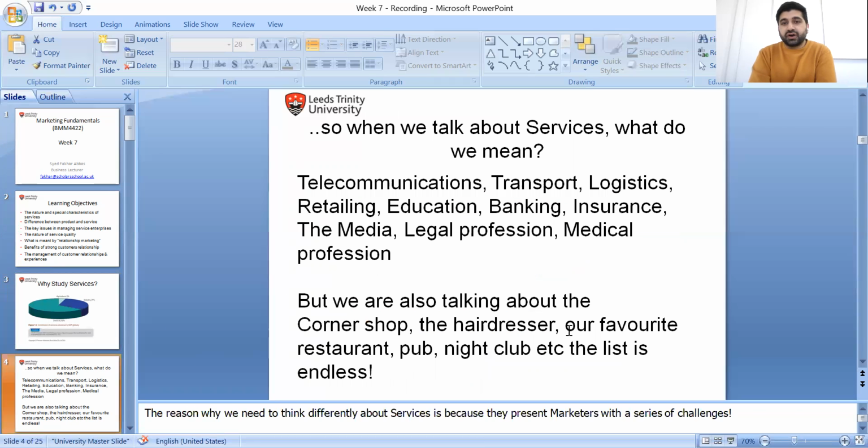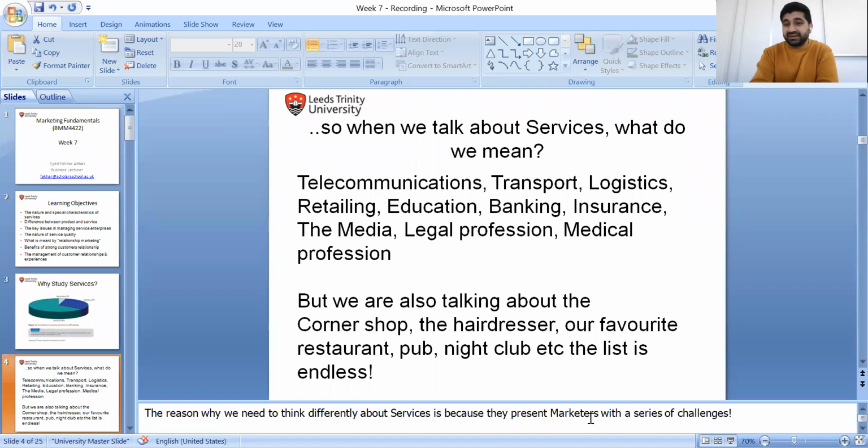So when we talk about services, what do we mean? Telecommunication, transport, logistics, retailing, education, banking, insurance, and media. Also legal services, the legal profession, and medical services.